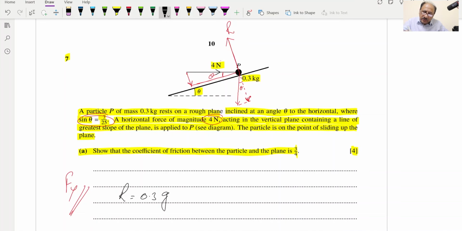So this will be cos theta, and this one will be sin theta. So similarly, this will be cos theta. We will discuss this later. First we just solve y component.